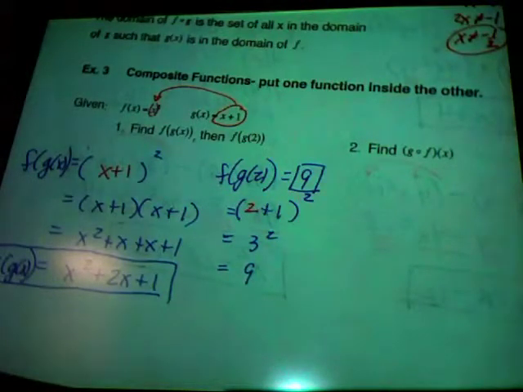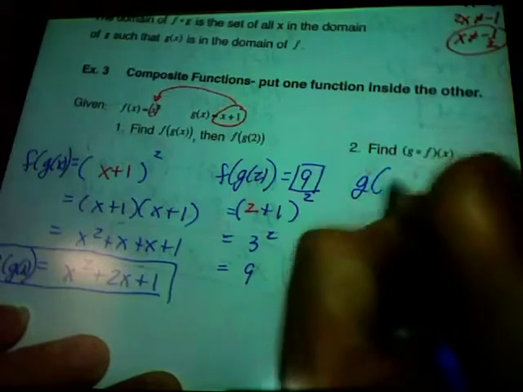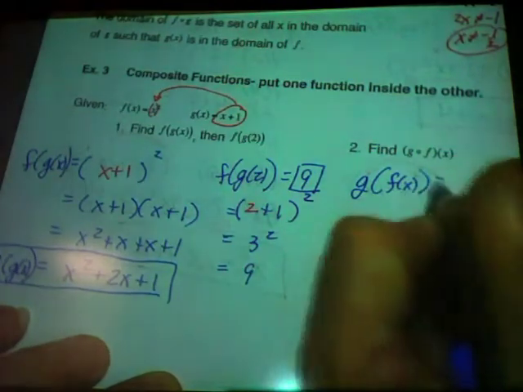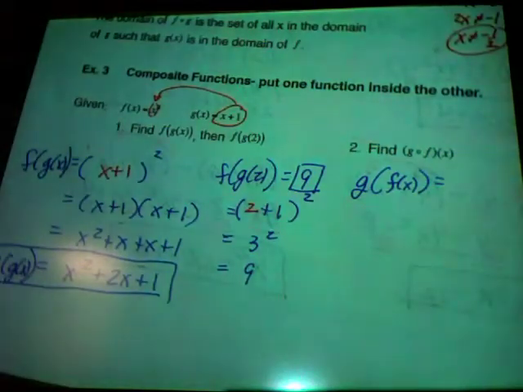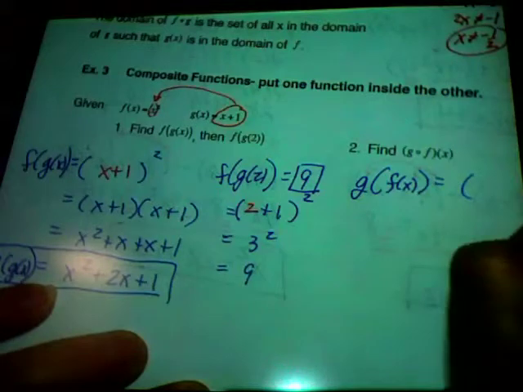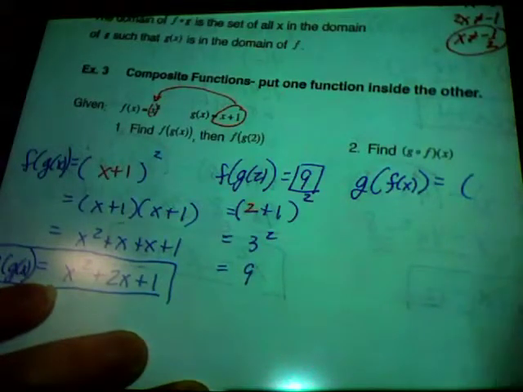Now, you find g of f of x. So you want g of f of x. So take your g function and plug the f in for every x. And I would use substitution parentheses wherever I see an x.